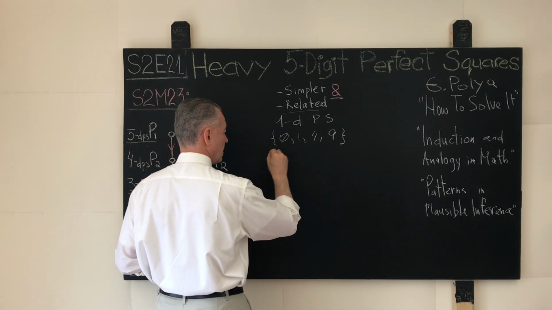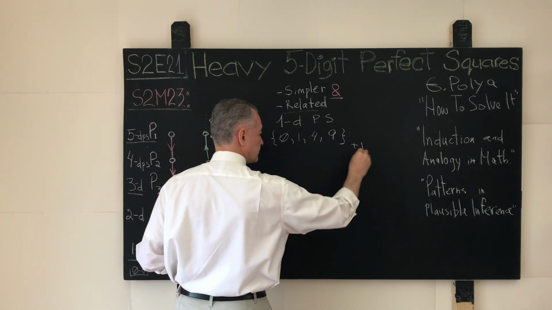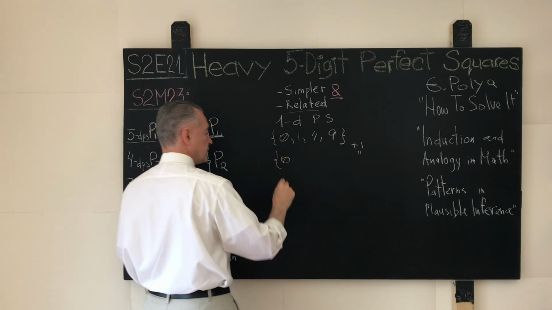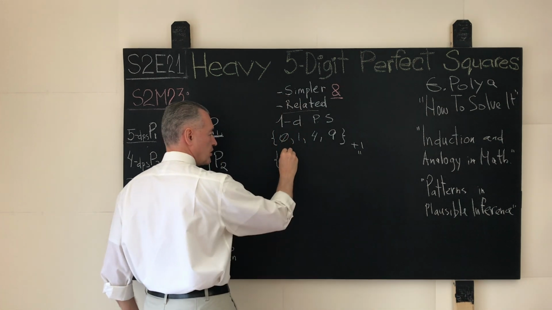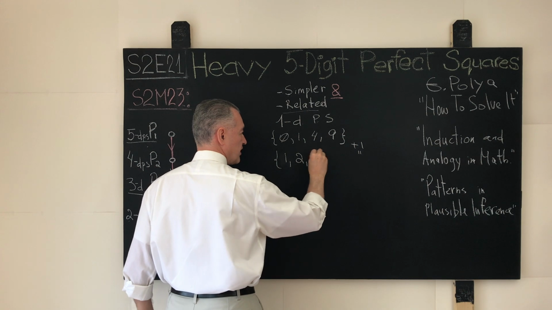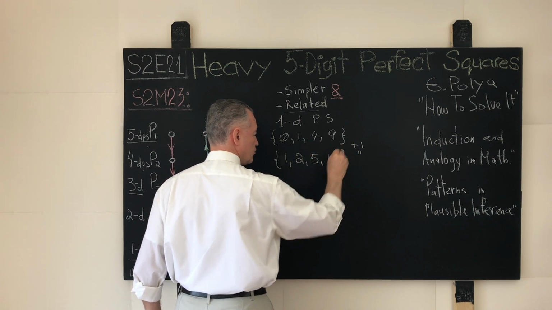So +1, I'll write down, let's say over here, +1 will result in what? 0 + 1 is 1, 1 + 1 is 2, 4 + 1 is 5, 9 + 1 is 10. This is all base 10, no confusion.